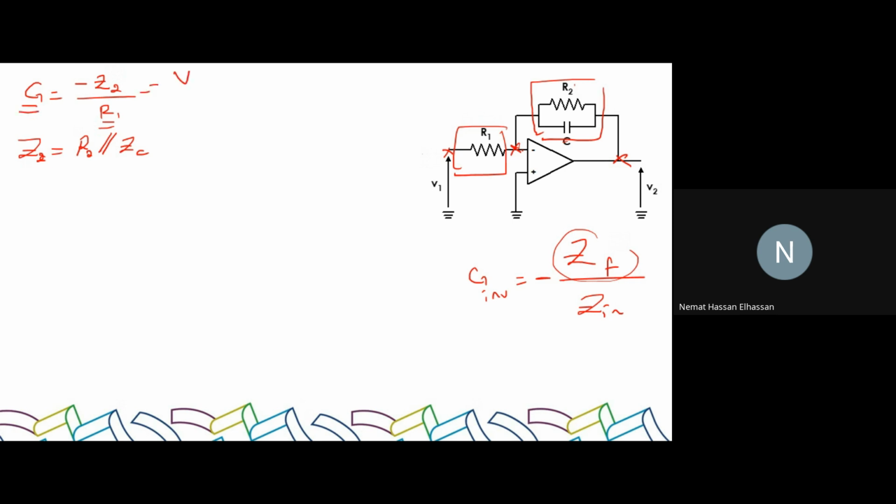Now if I want to calculate the total gain, Vout over Vin, I must know what is the feedback and what is the input, and then divide them by each other to get the value, right? The feedback line is Z2, and Z2 is a resistor in parallel with a capacitor, right? Do you remember the parallel rule? The total impedance for a parallel is what? Which means Z2 is the product divided by the sum.